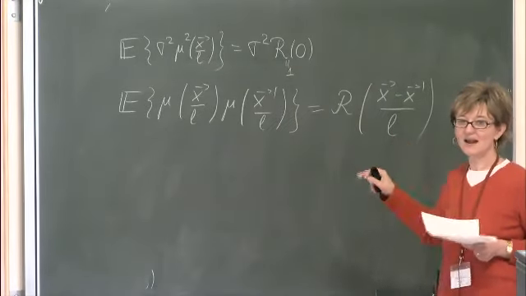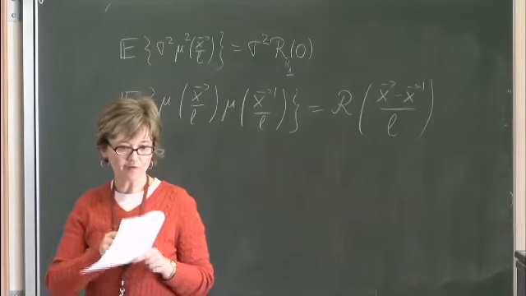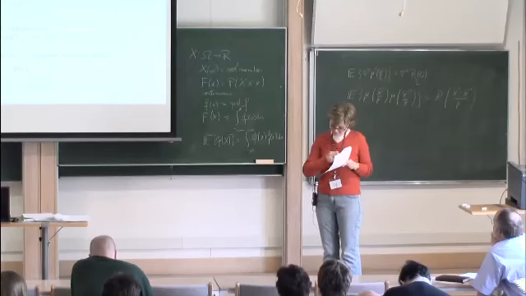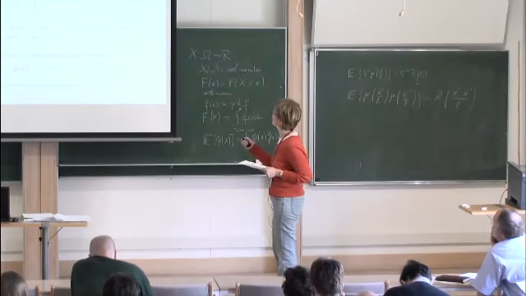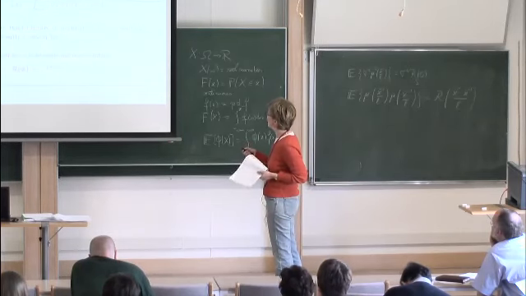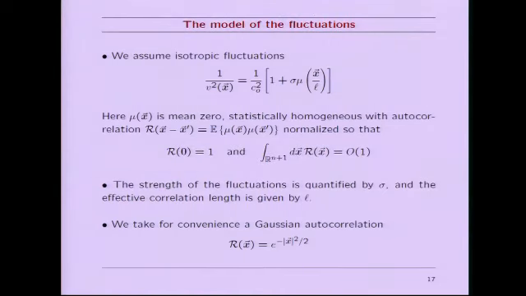Okay, so this is the length scale that tells me what is the correlation of the values that this random function takes. And this L is called the correlation length. So it roughly measures the size of the inhomogeneities. And so this is really all I need.